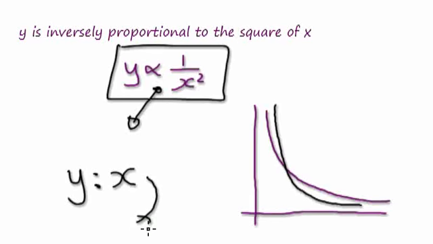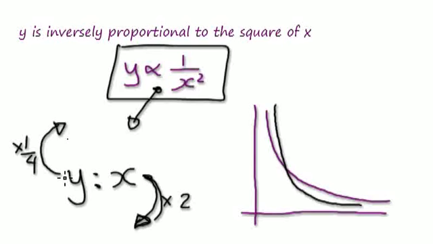Now if you double x, times by 2, then you're going to have to times this by 1 over 4. So meaning, if you double x, then you've got to divide y by 4. It's that kind of a relationship.